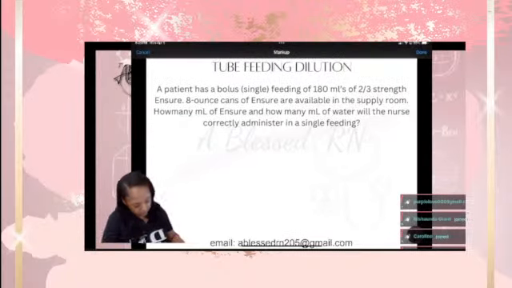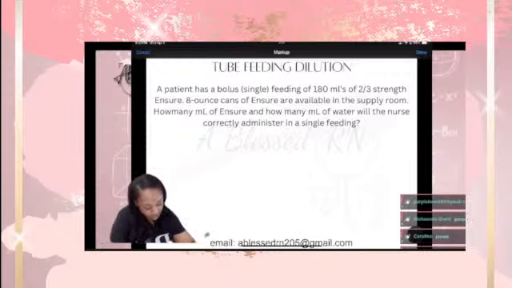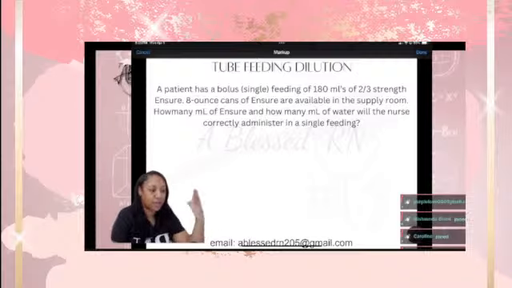So the problem tells us that the feeding is not going to be the full strength. It's going to be 2/3 strength of Ensure. So what do we do to weaken something? We add water to it. Therefore, we need to figure out how much water we need and how much Ensure we need.